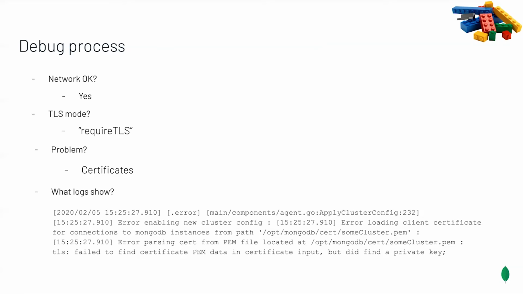So the certificates have to be concatenated in a certain order: first the certificate, second the private key. In this case, it was done the opposite way. So I asked the customer to concatenate the certificate again in the right order, and it worked. So that was the problem in this case.